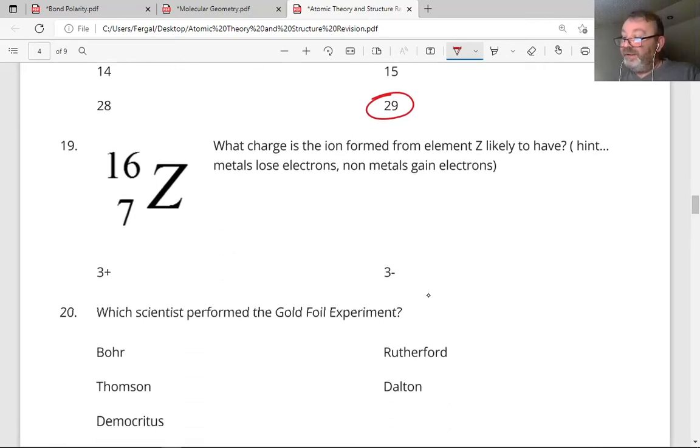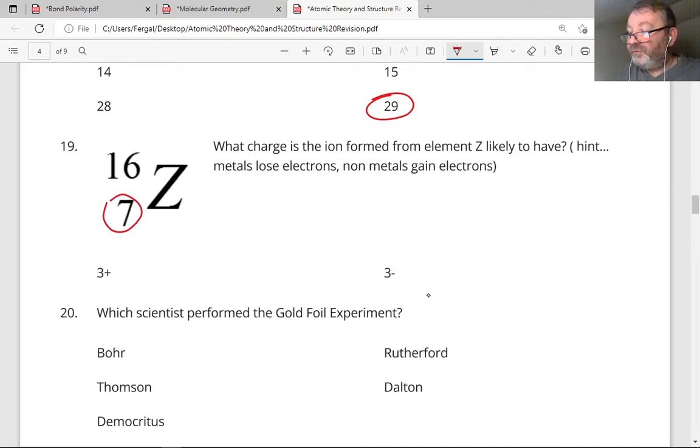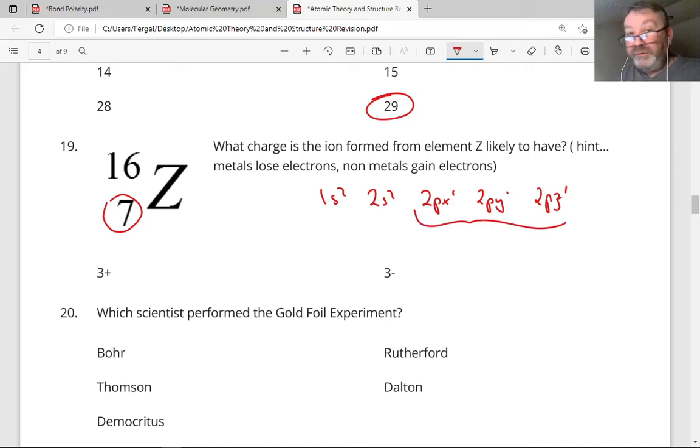What charge is the ion formed from an element Z likely to have? Now, in order to work out the charge of element Z, you have to have a look and see how the 7 electrons are distributed: 1s2, 2s2, 2px1, 2py1, and 2pz1. Okay, in fact, it's nitrogen. So therefore, the px, py, pz want to gain 1 each.